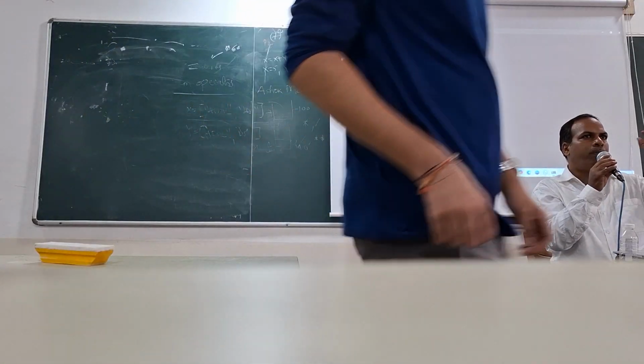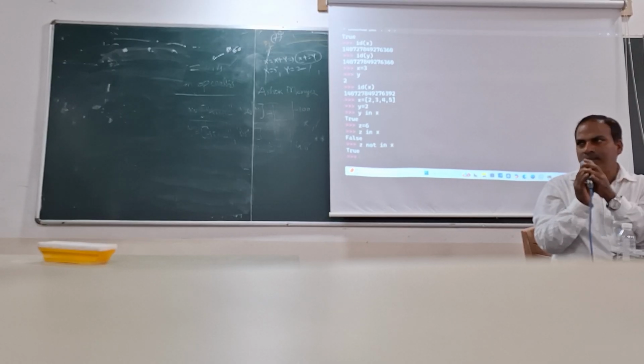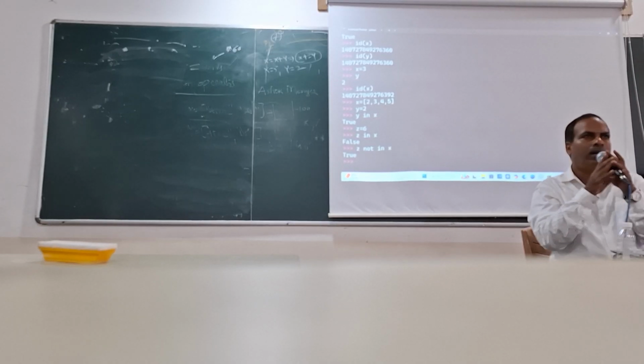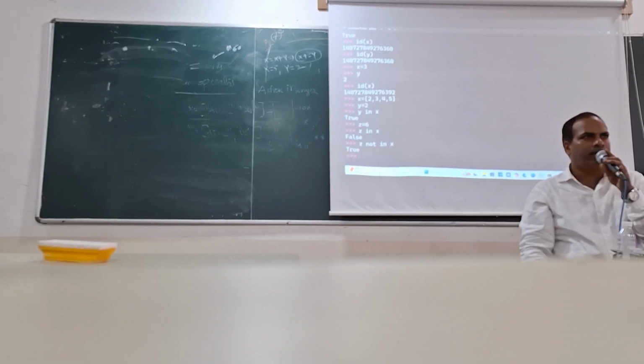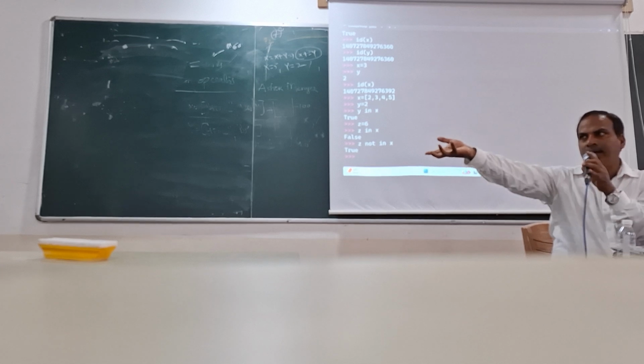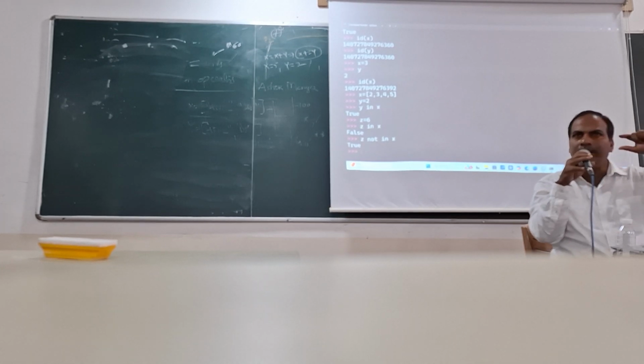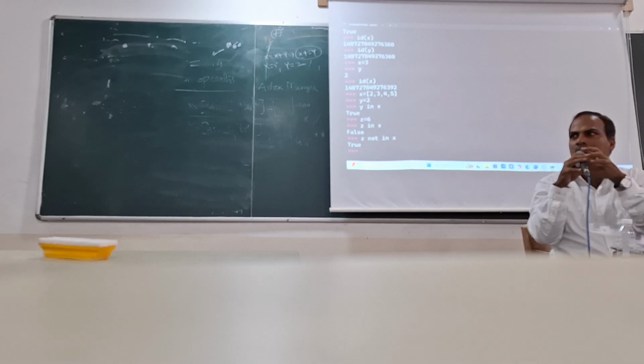So the operators in and not in are used to check whether a given data element is a member of a group of data elements. If it is a member, it returns true. If it is not a member, it returns false.